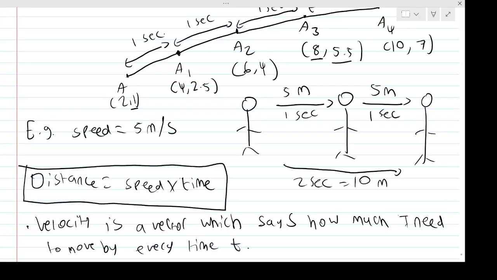It could be seconds, if it's meters per second, it could be per minute, it could be per hour, it could be whatever unit we want. But for every unit, every time t in general.